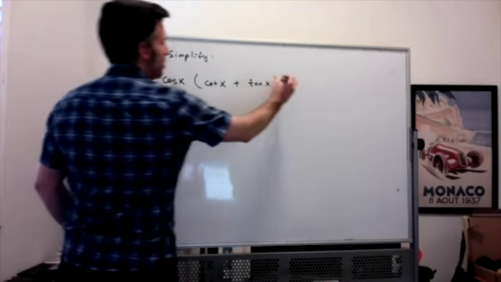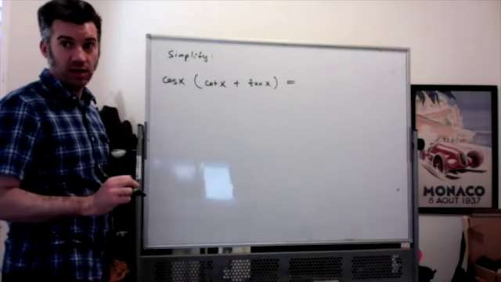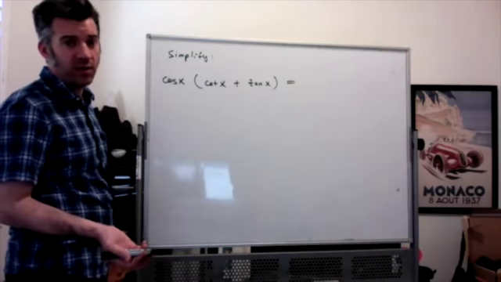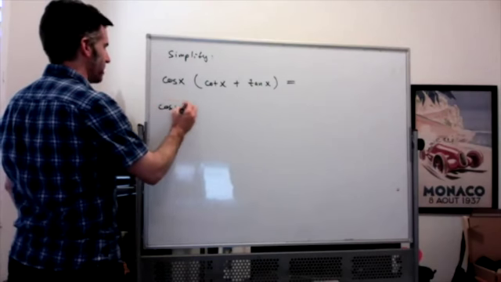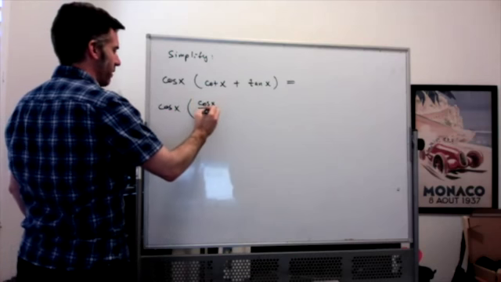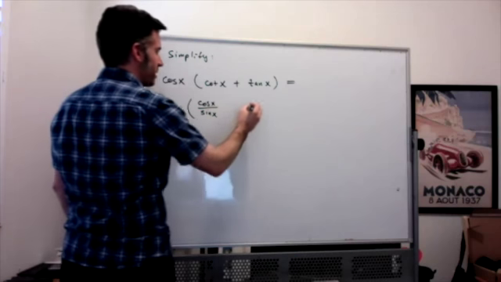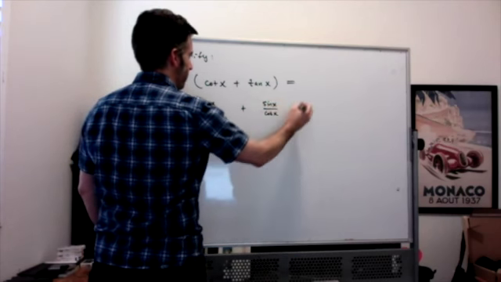My usual go-to first thing is to rewrite everything in terms of sines and cosines. That's not always the first move you want to make, but it is often the first move. So I'm going to write this as cosine of x times cotangent, which is cosine of x over sine of x, plus tangent of x, which is sine of x over cosine of x.